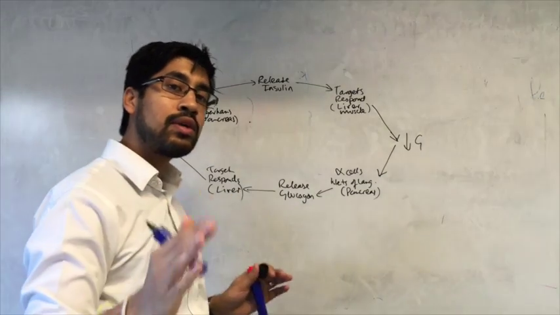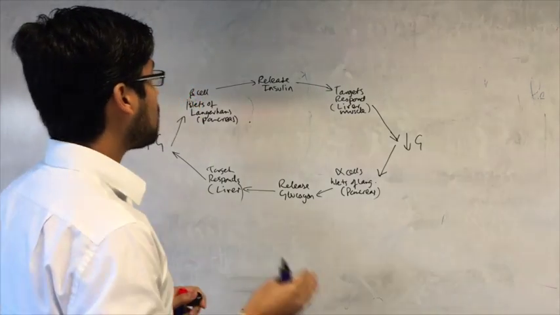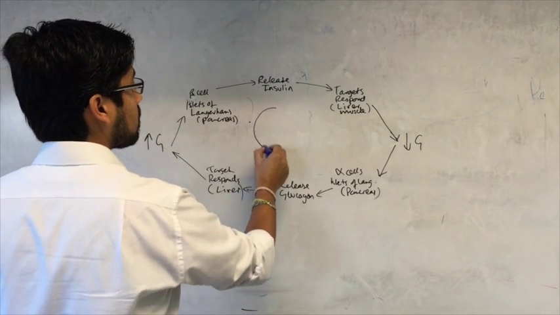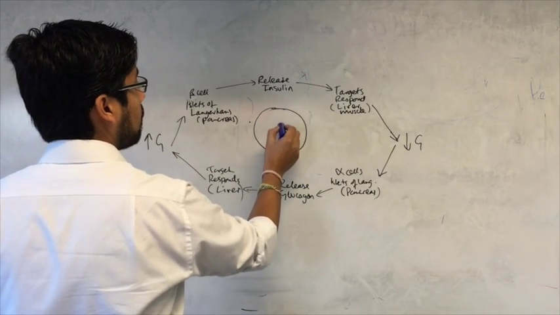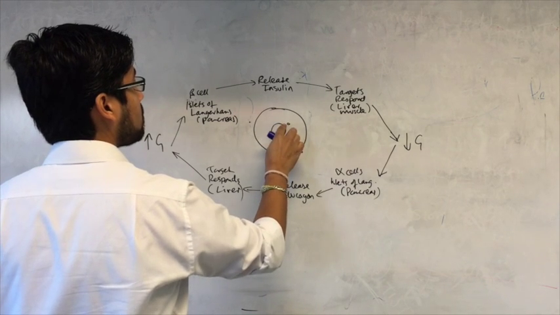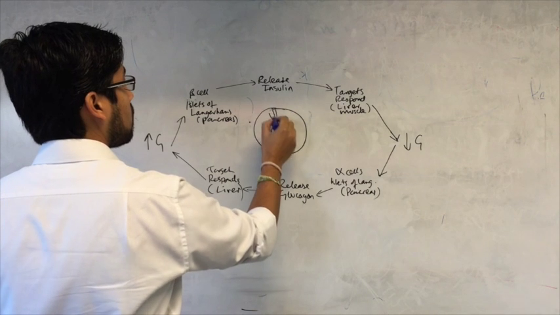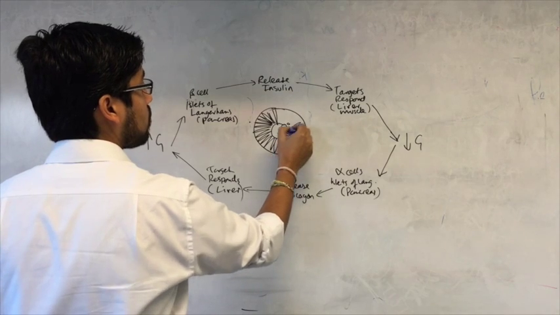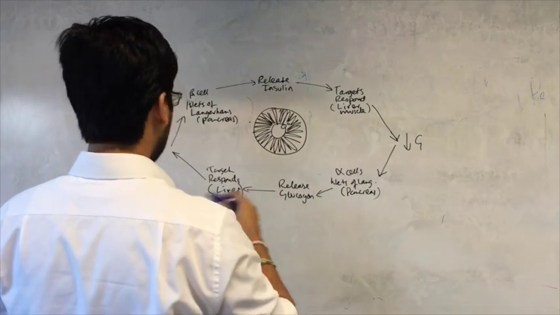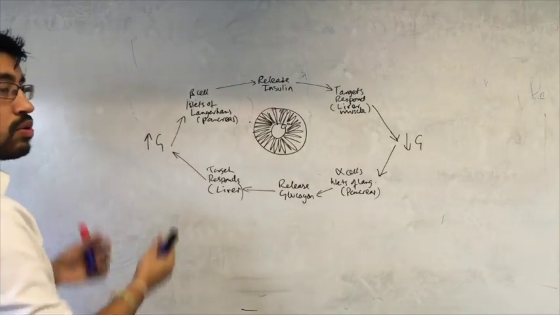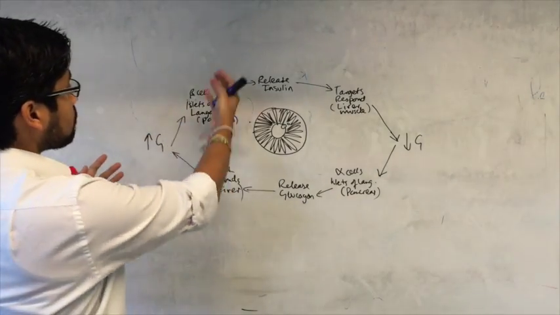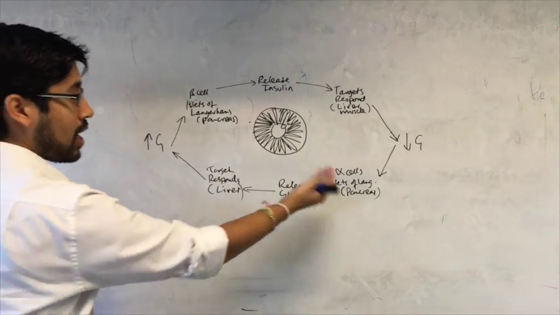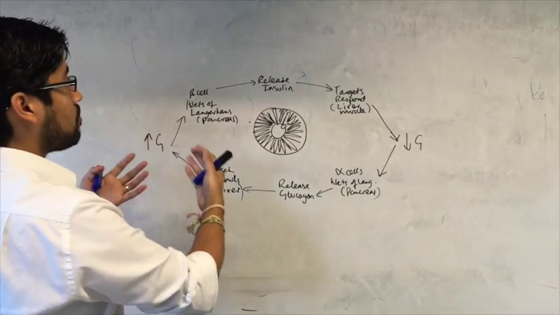Now, I told you about the bigger picture here, and the bigger picture in this case is homeostasis. How is this process monitoring the levels of glucose and then responding to it? That's what you need to be aware of. So think about it. We have an increase in glucose, that's our stimulus. We have our sensor, which is the beta cells or the alpha cells of the islets of Langerhans of the pancreas.